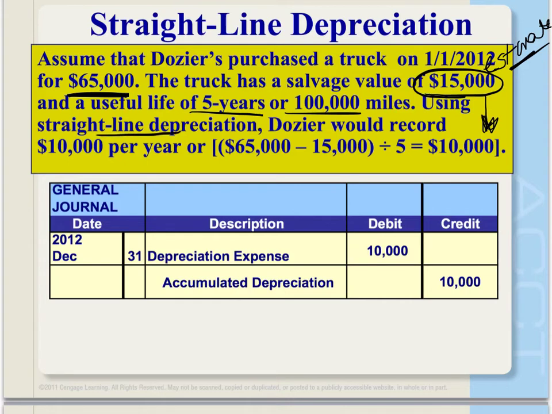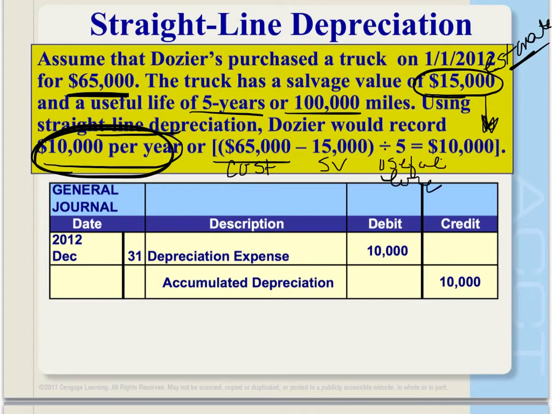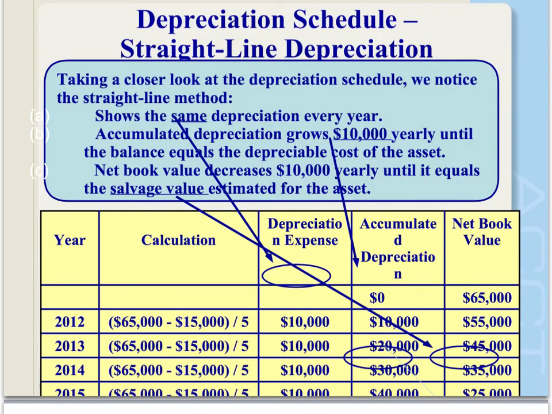So using straight line depreciation, Dozer would record $10,000 per year. $65,000, which is the cost, minus the salvage value of 15, divided by the useful life equals $10,000. You would debit depreciation expense and credit accumulated depreciation. At this point, we'll look at what the depreciation schedule, as we call it, would look like for the asset.